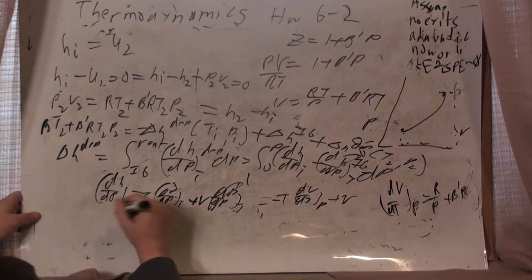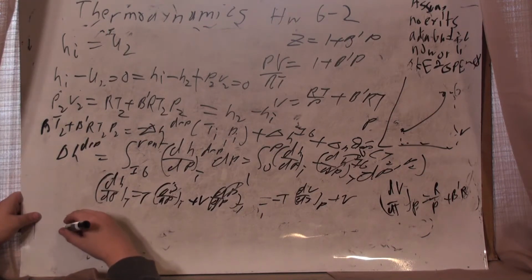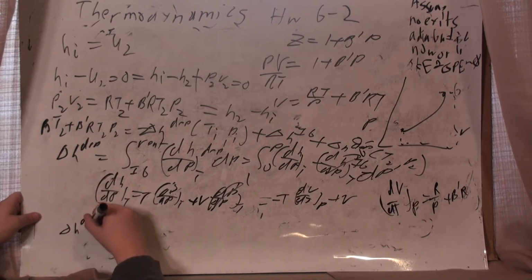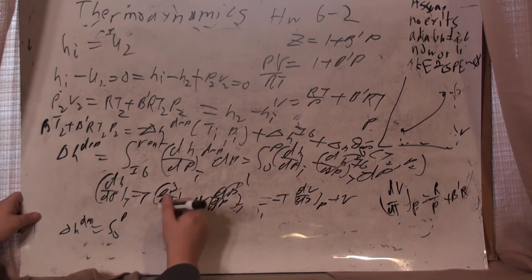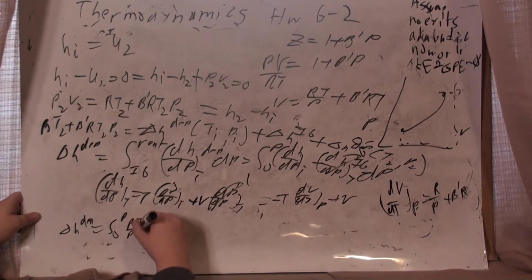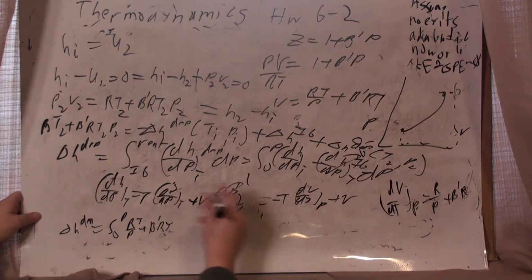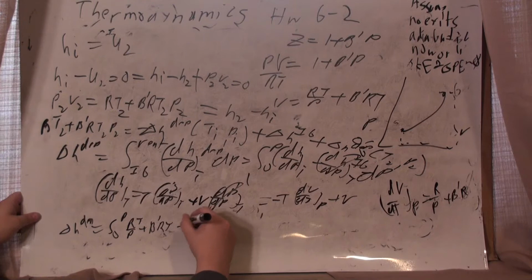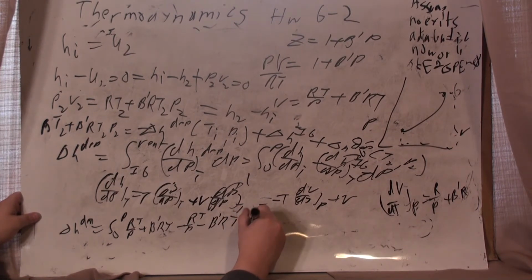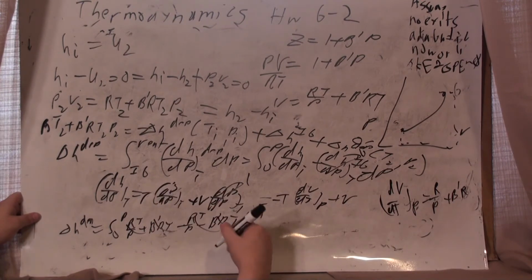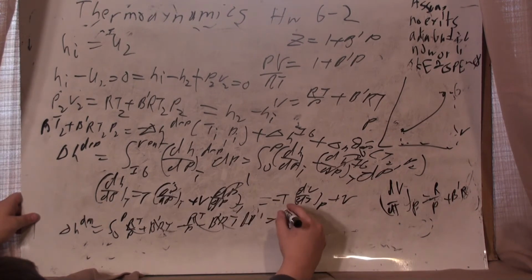We're going to have delta H departure function equals the integral from 0 to P of V, which is RT over P plus B prime RT, minus T times that guy, so minus RT over P minus B prime RT. What do you know? Everything cancels out, and we get 0.